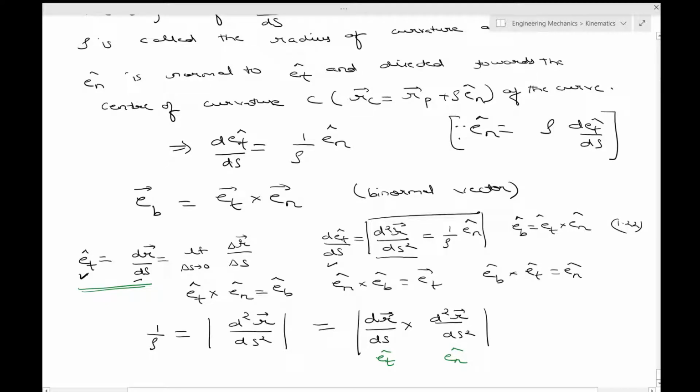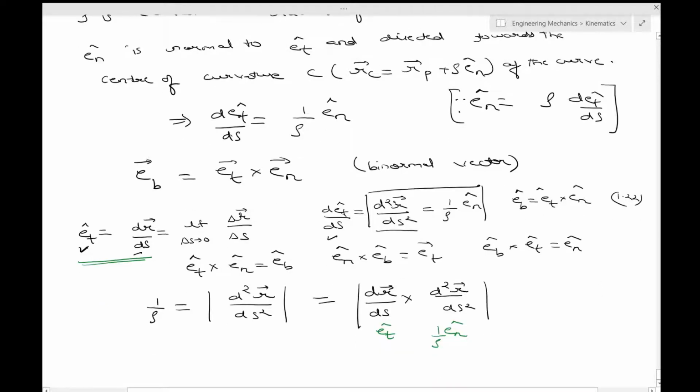So we can say, en by rho, 1 by rho. If you take this 1 by rho out of it, you will get et hat multiplied by en hat, and according to this relation, this will be eb hat, and the magnitude of eb hat is 1, so it will be 1 by rho, and hence this is true.